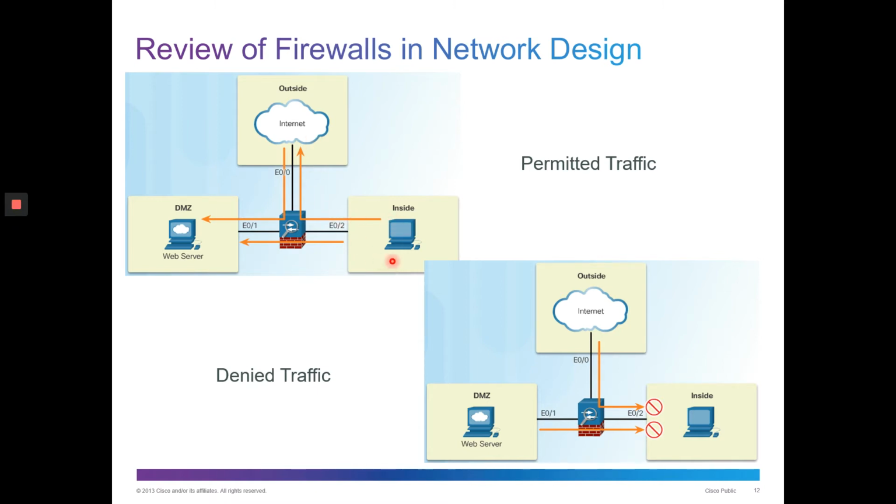Any traffic going from inside to DMZ is also permitted. Any traffic coming from outside to DMZ is also permitted. But on the other hand, any traffic coming from outside to inside is blocked by the firewall. Again, any traffic coming from DMZ to inside is also blocked.